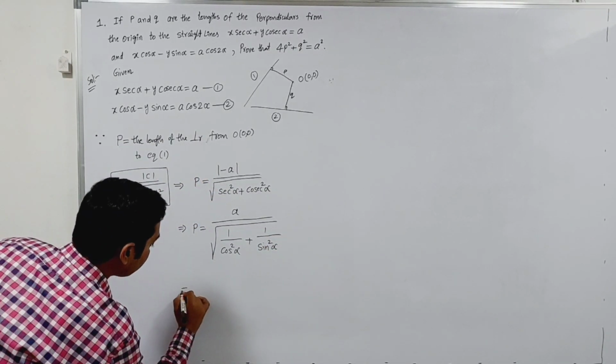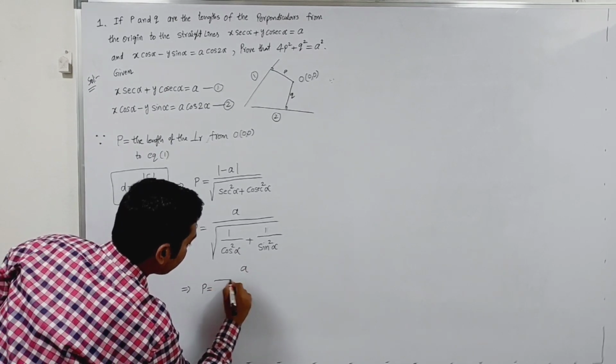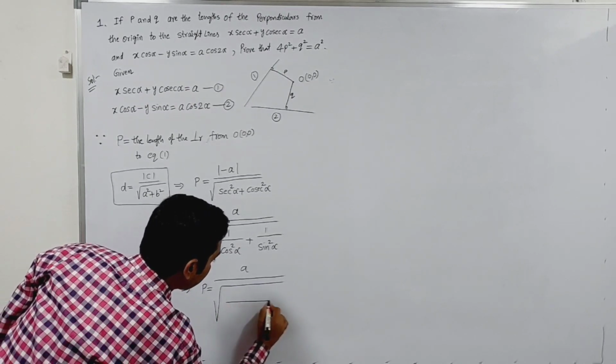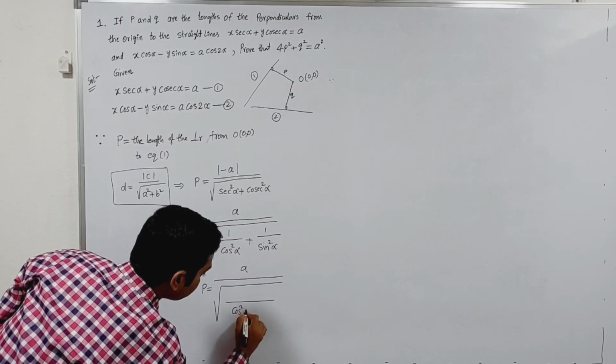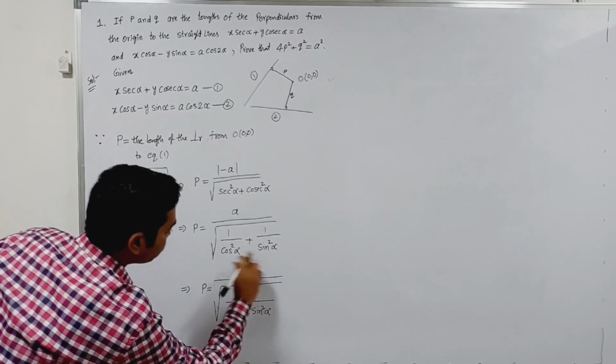From this equation, P is equal to a by under root of, taking the LCM inside the root, cos square alpha into sin square alpha is the LCM of these two terms.